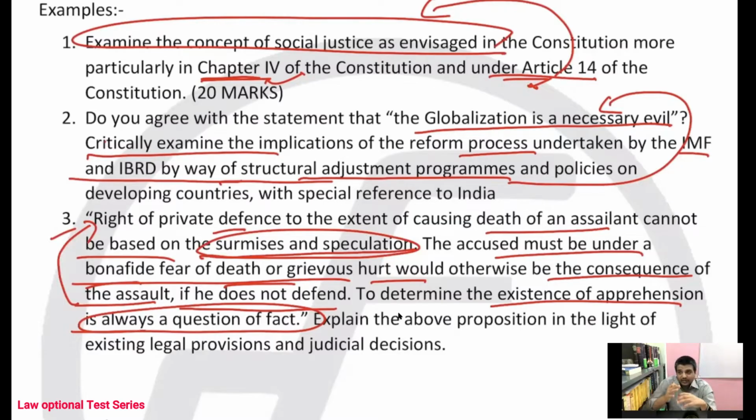Whenever the right of private defense is taken as a defense by the alleged criminal, the court should take into account that it must be guarded cautiously. That is the philosophical part. So there is one concept and the philosophical part. Getting my point?